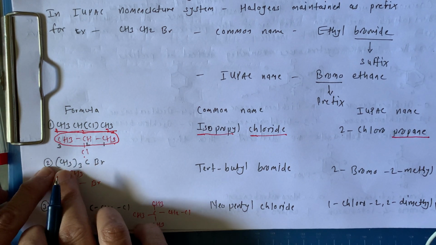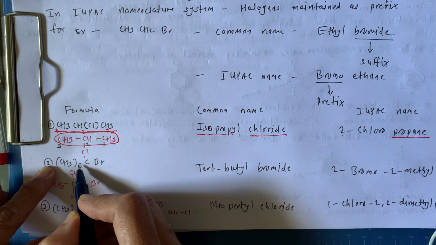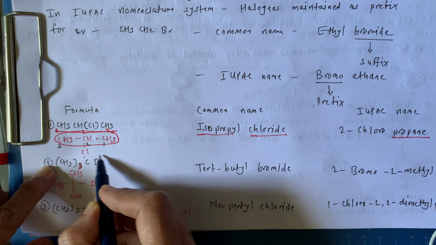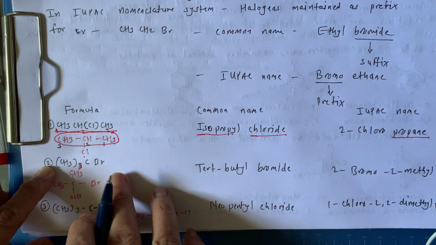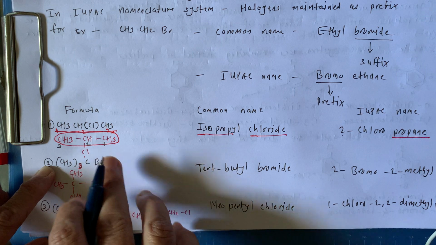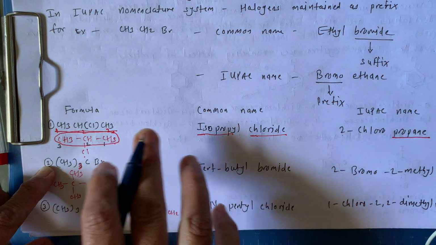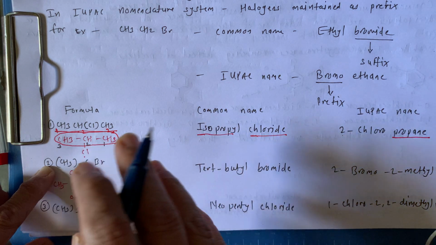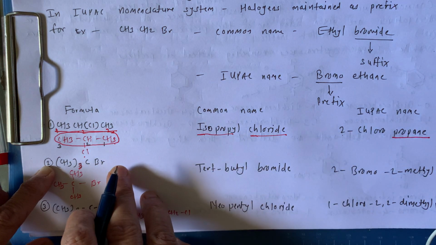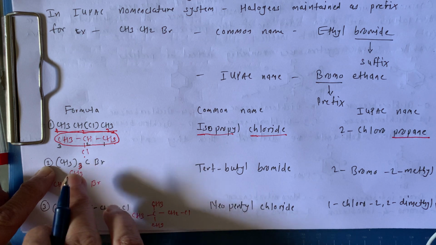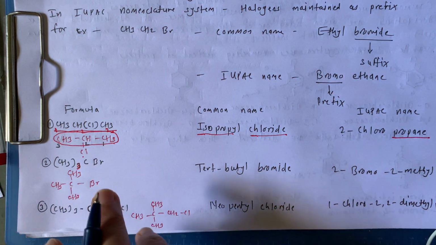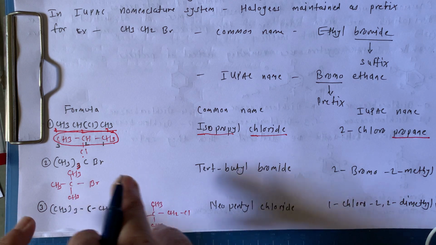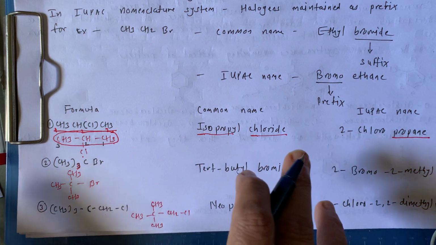We will take one more example. In a bracket there are 3 methyl groups, 3 methyl groups attached to carbon, and bromine is here. This is a condensed formula. Any time you are asked to write the IUPAC or common name, or from the common name the IUPAC name, or from the structure the IUPAC name, you have to write the complete bond formula, the complete formula, and then you are supposed to do the naming.